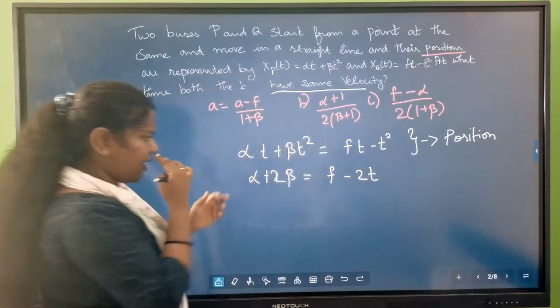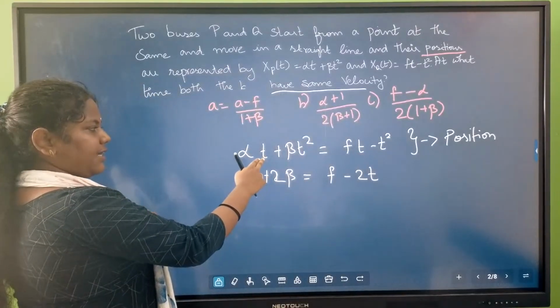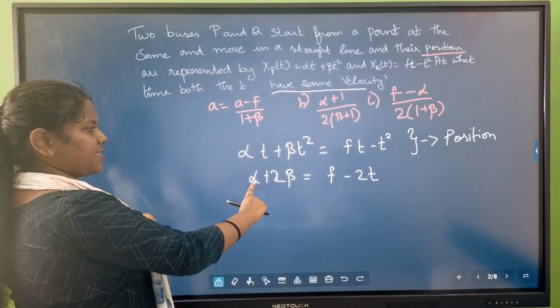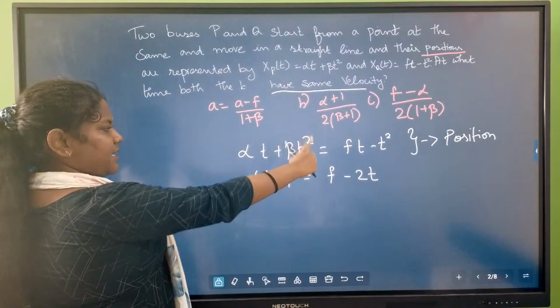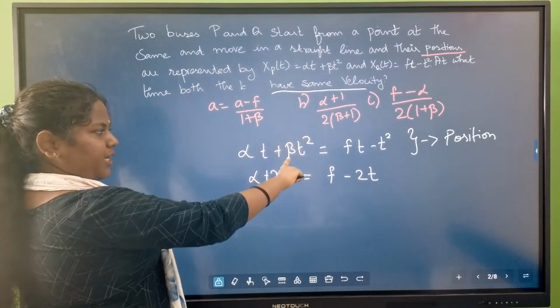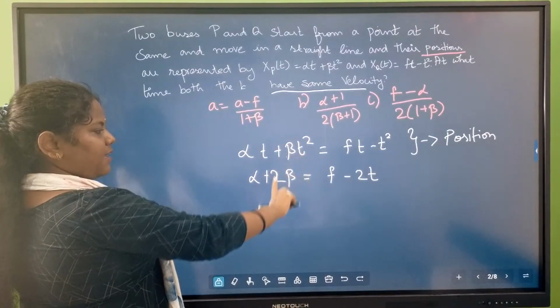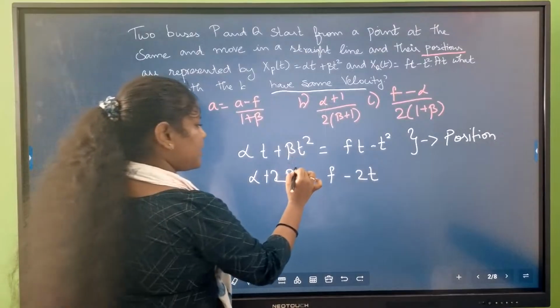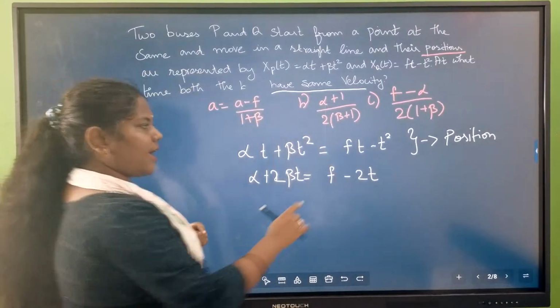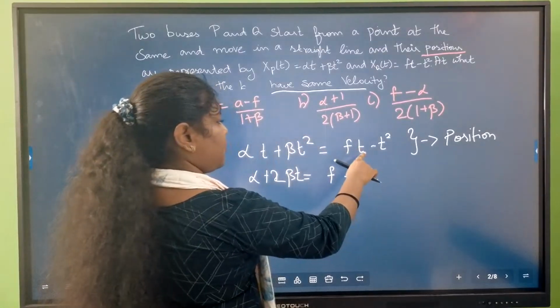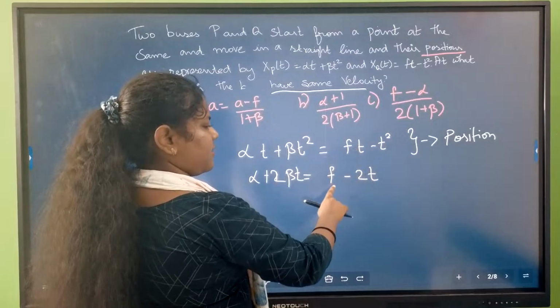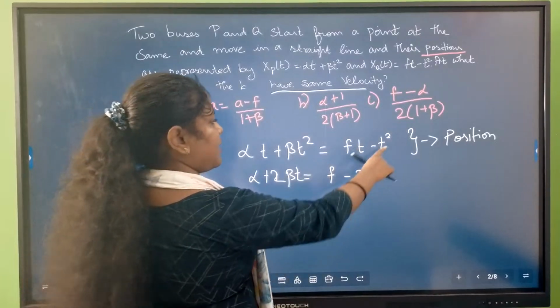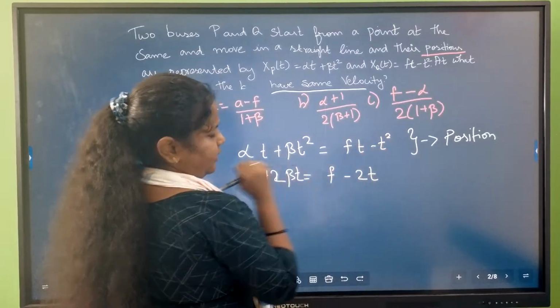See what I have done? If you differentiate t, you will get 1. So it is alpha. If you differentiate t square, then it is 2t. So you already have beta, so it will be 2 beta t. And if it is f t, if you differentiate t, you will get what? So you will end up at f minus t square, it will be 2t.